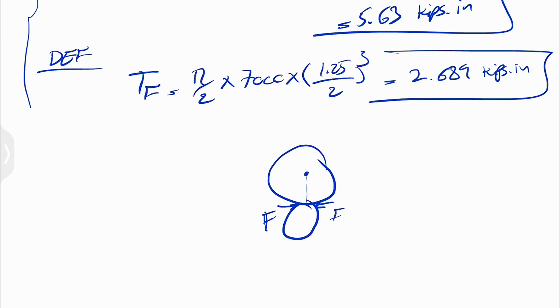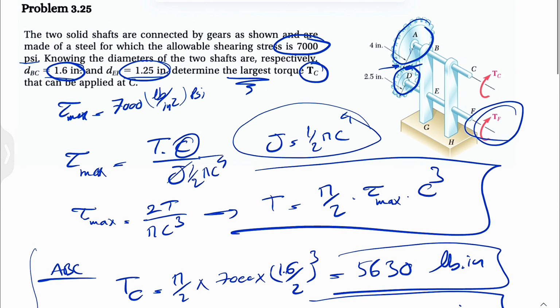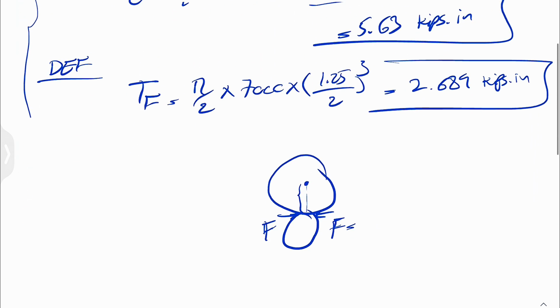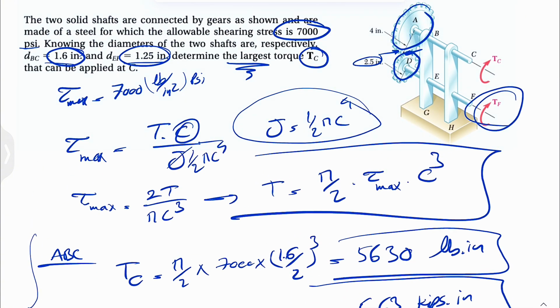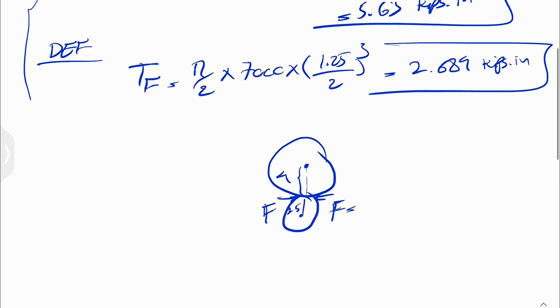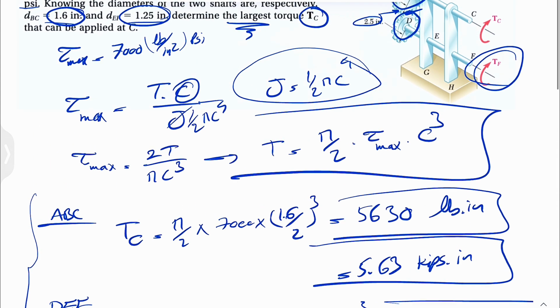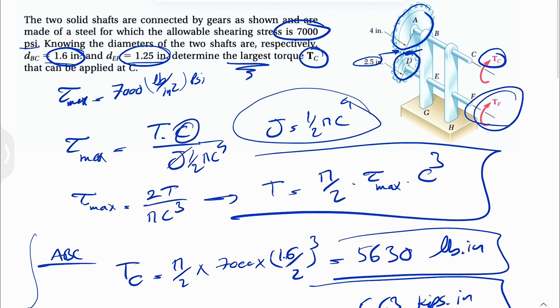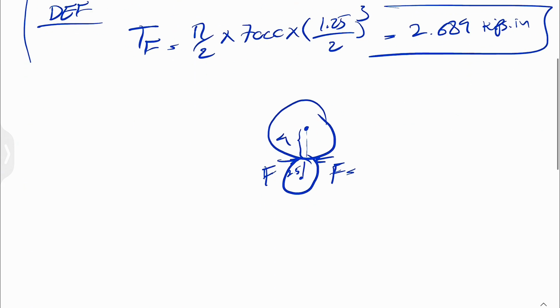Because of Newton's law, these F's are the same because they're action and reaction, and the torque for each would be basically the radius times the force. We know the radius of this one is 4, and the radius of this one is 2.5. The big one would be TC, and the small one would be TF.